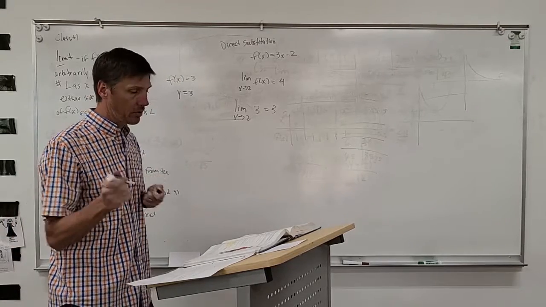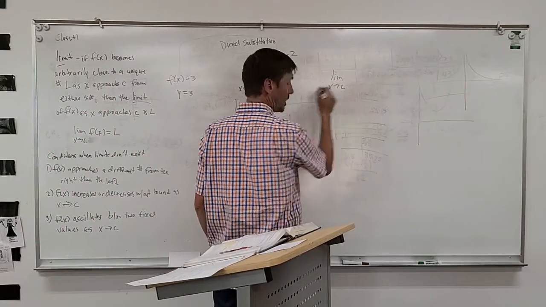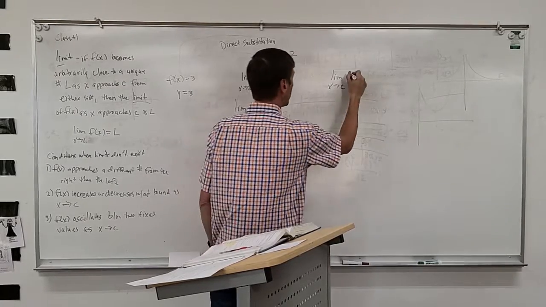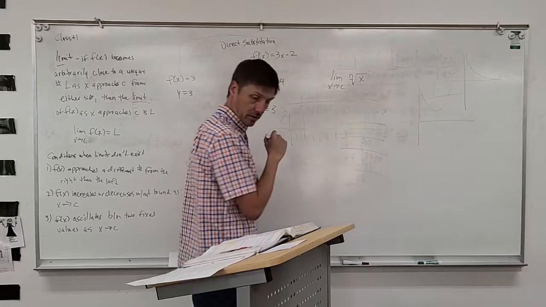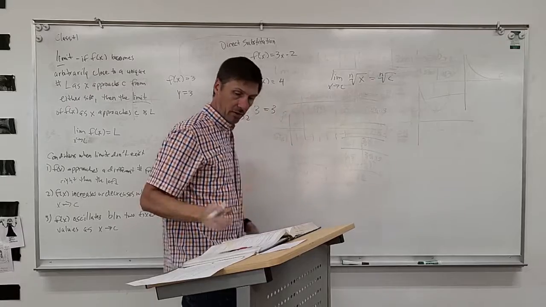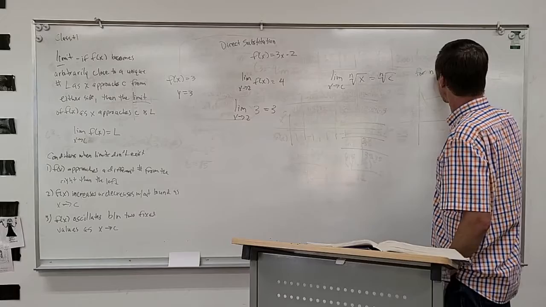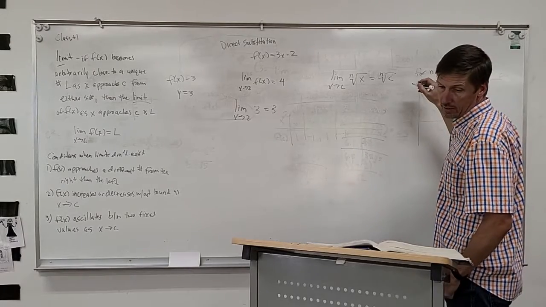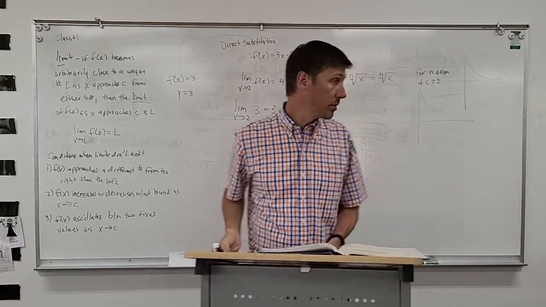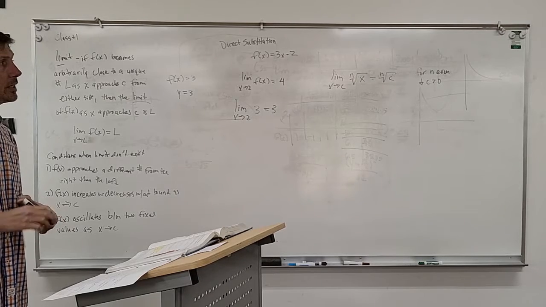The one that's a little bit weird is number 4, the limit as x approaches c of the nth root of x equals, you can just plug c in directly, but they have a little note there that says for n even and c greater than 0. So that one you can just plug in and do direct substitution as long as the n is an even value.